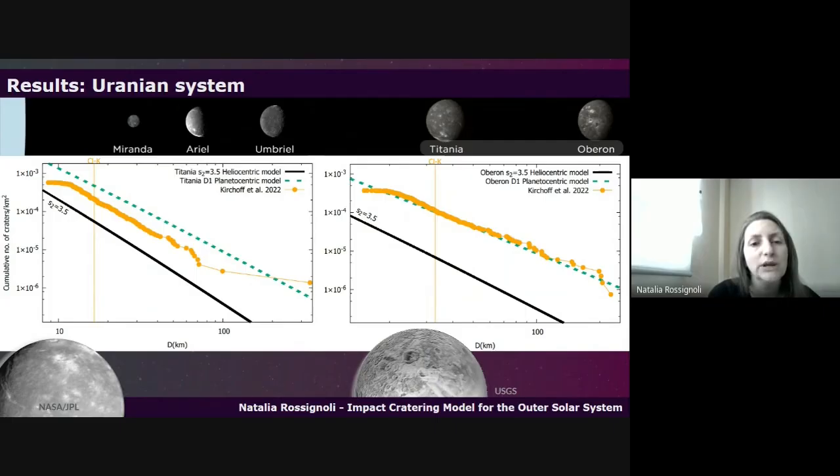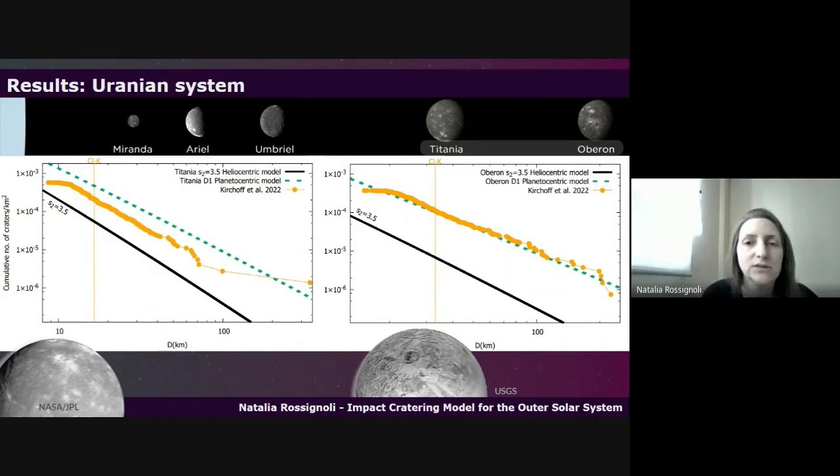So you would expect to overestimate the number of craters because they may be obliterated, and also because you don't know where exactly those processes can act. So it may be a local process, but an underestimation is more alarming in general. So in this case, for Titania, we are not so worried about an overestimation.